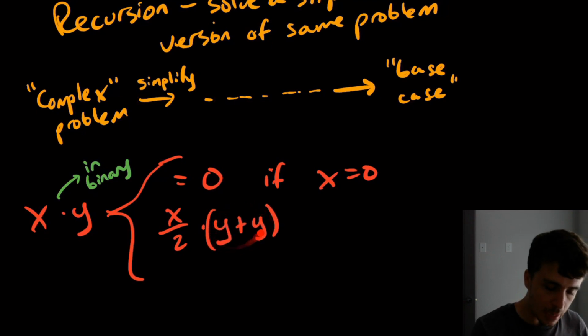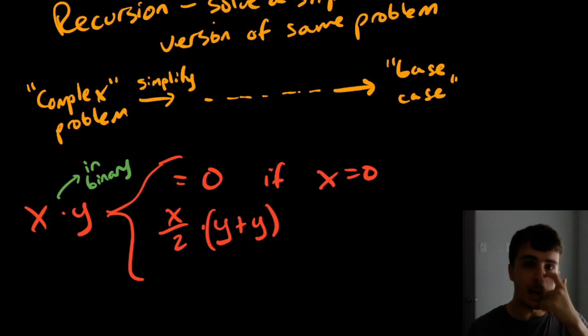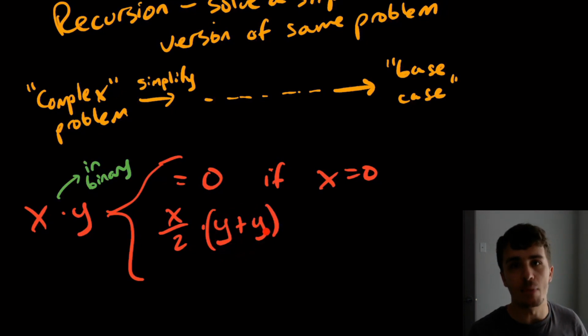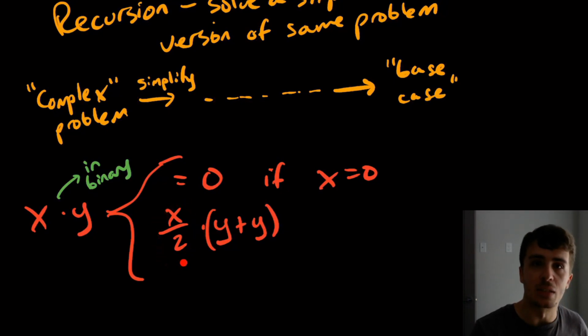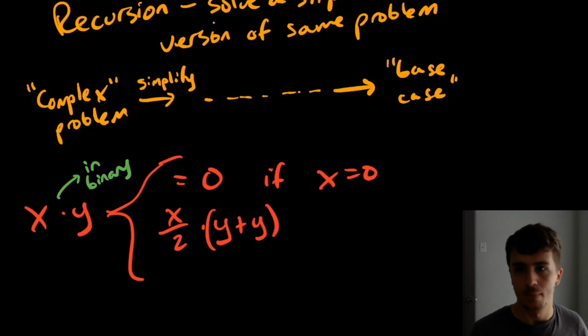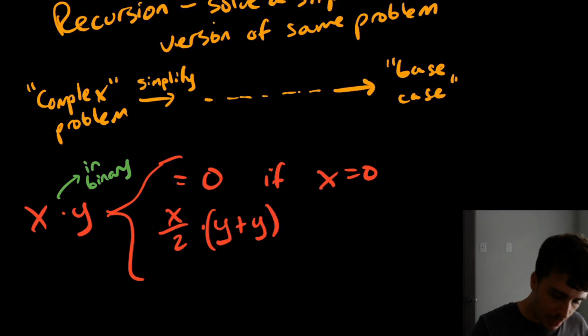I'm intentionally writing it this way so that we can see that we're only working with one instance of y, and then multiplying it by 2. The problem is, what if x is not divisible by 2? Well, it either is or it isn't. So what would we need to do?